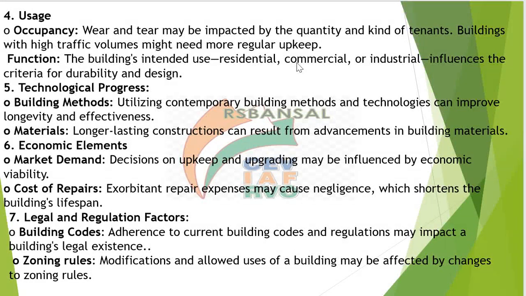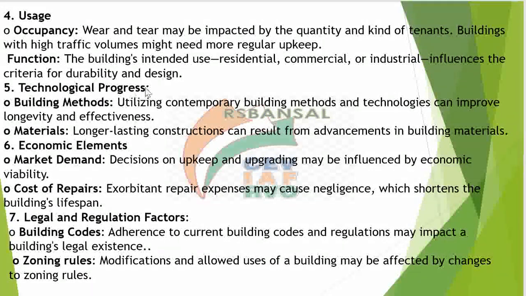It will depend upon the building's intended use, whether residential, commercial, or industrial. So it affects the criteria for durability and design. Then technological progress. Nowadays, many technological things are coming into the construction process.